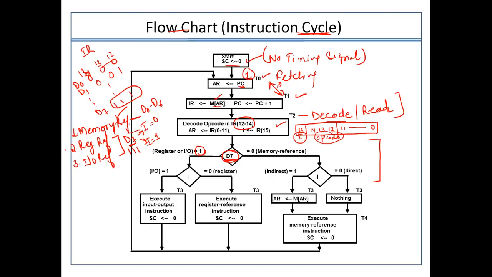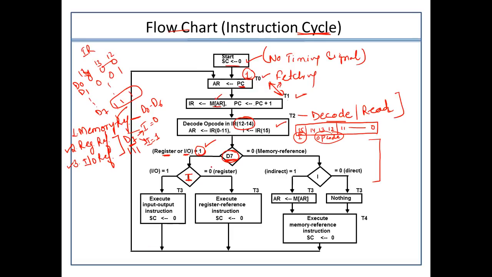It means that either it is a register reference instruction or it is the input output. See, if D7 is equal to 1, it means either it is the register reference or it is input output reference. So what I need to know ahead is which one among these it is, then I will use the value of I, the mode bit.